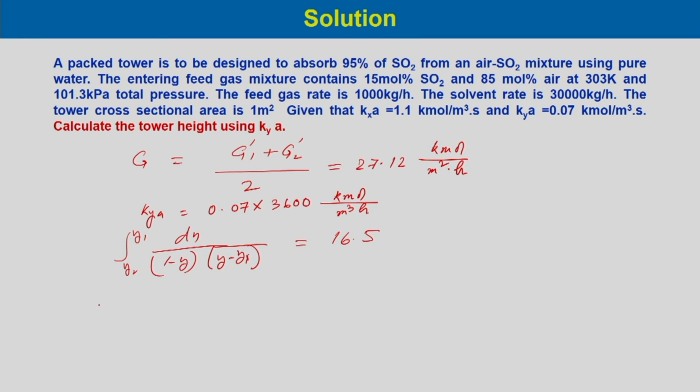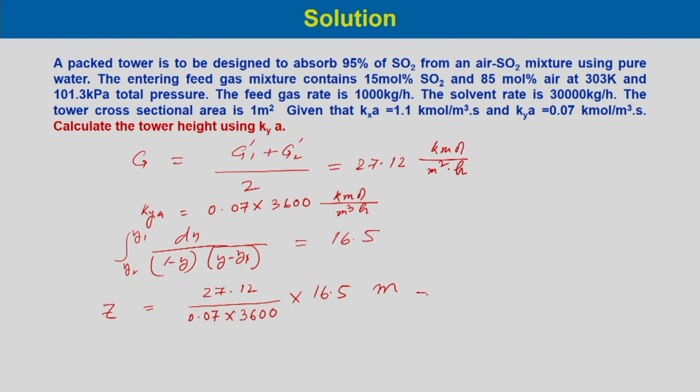So, we can calculate Z by putting the values: G dash 27.12 divided by 0.07 into 3600, into 16.5 meter.